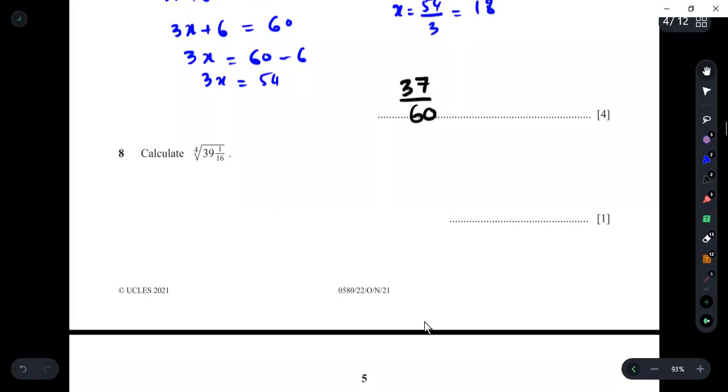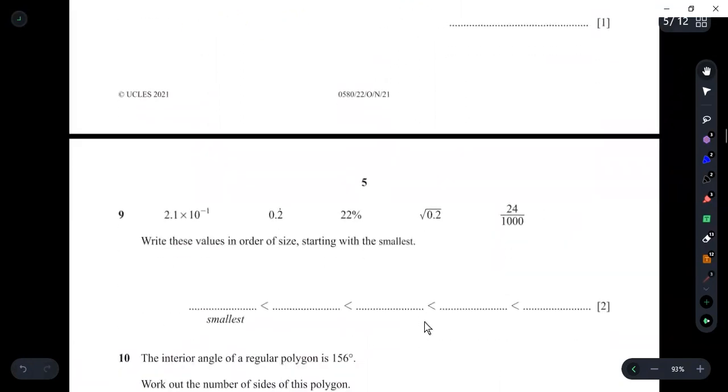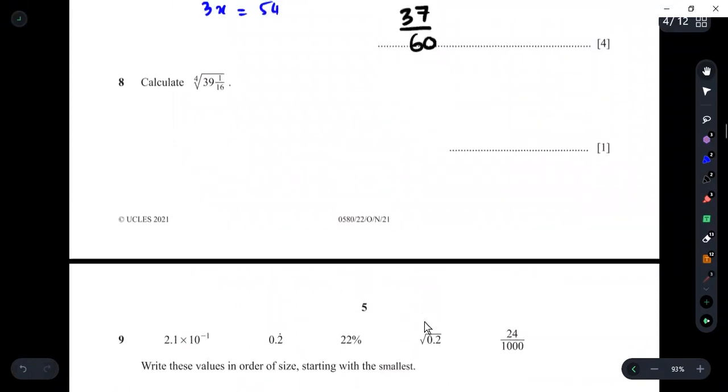Okay. Calculate the fourth root of 39 whole 1/16. As you are allowed to use the calculator, you can directly enter this into your calculator. Here it is actually a test of understanding how students calculate this using a calculator. So no need to show any working. You can directly enter this into your calculator, provided that you know how to do it.